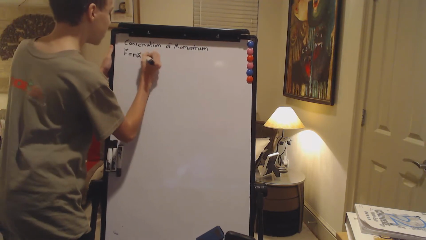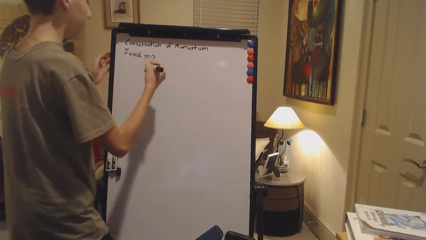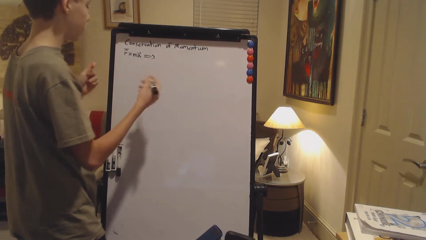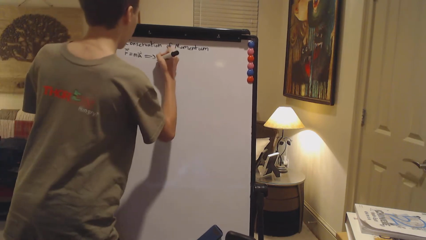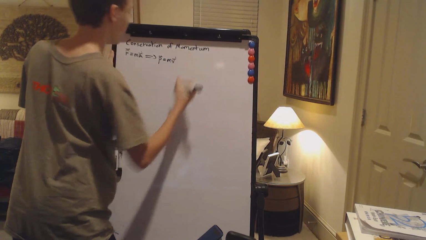And from this, you can derive, it's a pretty basic derivation, that our momentum vector is equal to mass times our velocity vector.